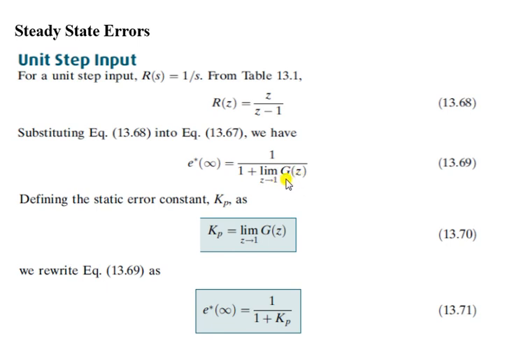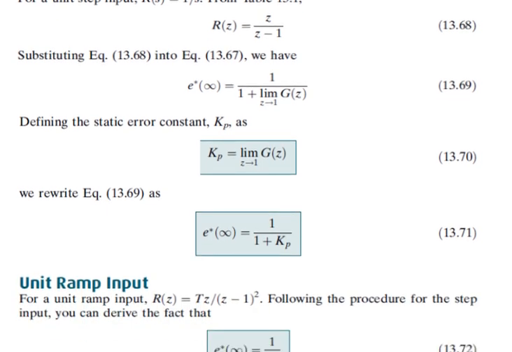So this is nothing but the Kp. We can write Kp equal to the limit Z tends to 1 G(z). Similarly, if you rewrite this equation using this Kp value, you can write 1 upon 1 plus Kp. So by using these two formulas, you can find the steady state error for unit step input.